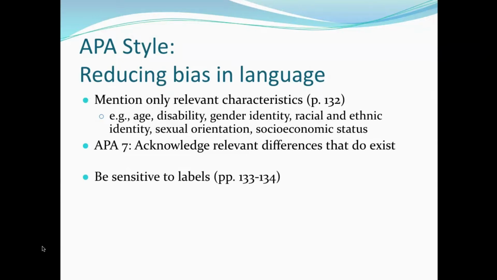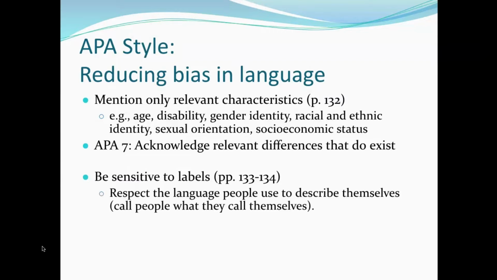Also, it's important to be sensitive to labels when talking about people and their identities. So you should respect the language people use to describe themselves. You can think of it like calling people what they call themselves, but it's even more accurate to say call people what they want to be called, because sometimes people have in-group ways of referring to themselves and people who share their identity that they wouldn't want those terms to be used by people outside of that shared identity group to refer to them.